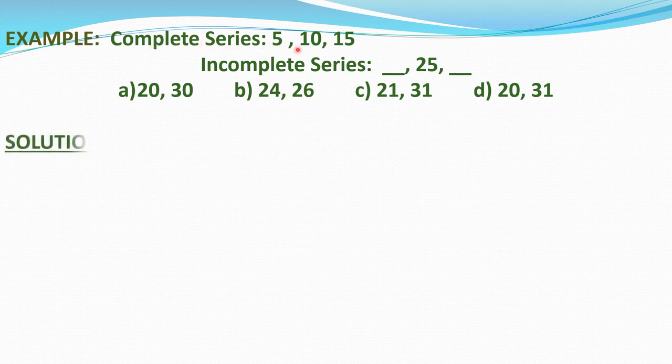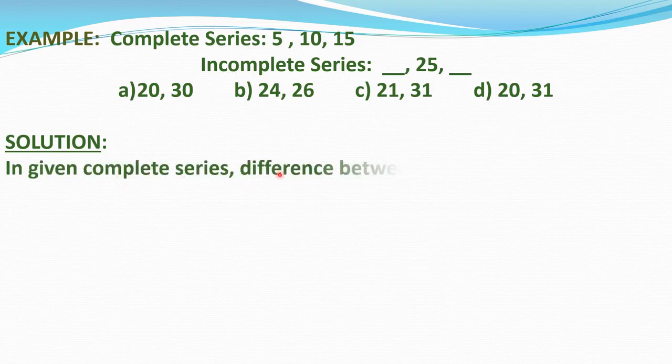The complete series is 5, 10 and 15. So here these are in increasing order. First of all we will solve its first two numbers and find the difference of these two numbers. So let's start. In the given complete series, the difference between the first two numbers is 10 minus 5, because 10 is the greater number.